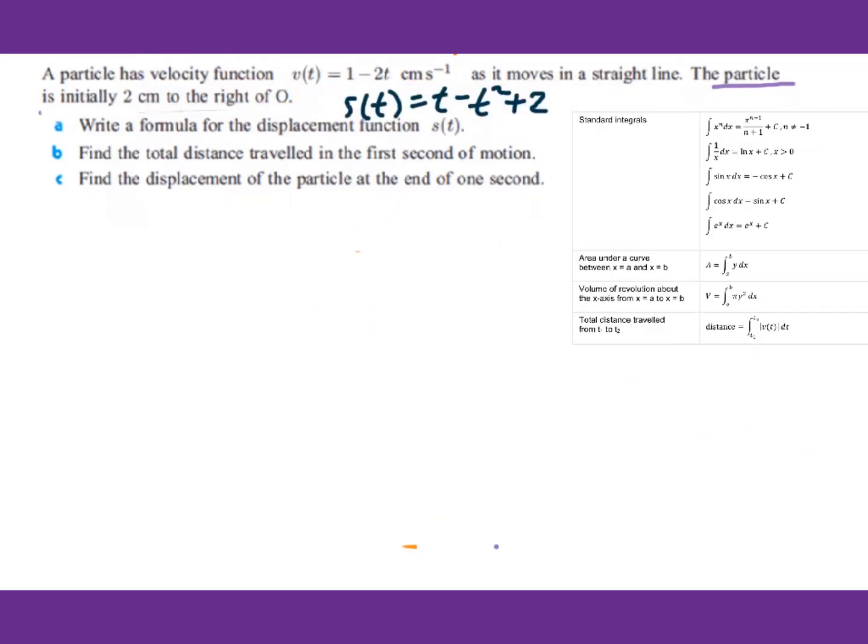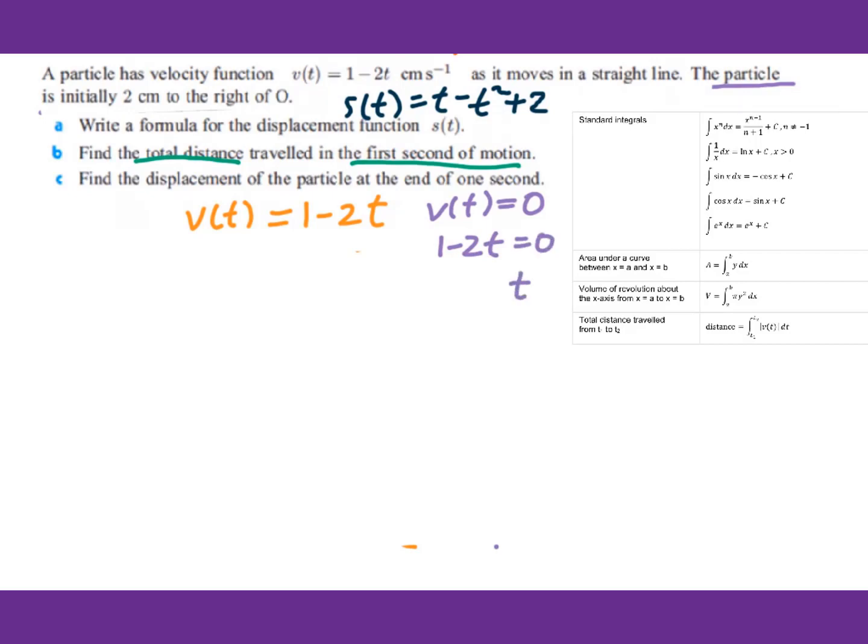Let's go to B. Find the total distance traveled in the first second of motion. You have to draw the sign diagram for the velocity function. So for the velocity equals 1 minus 2t, you will set velocity equal to 0. So 1 minus 2t equals 0. You will get t equals 1/2. And we draw the sign diagram for the velocity.